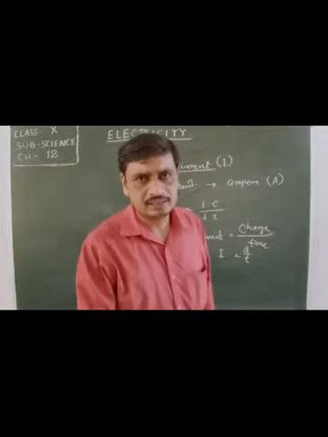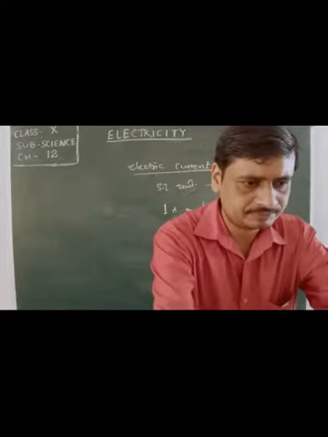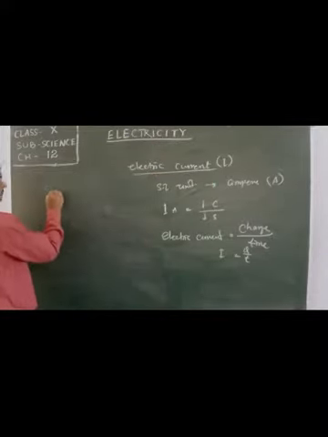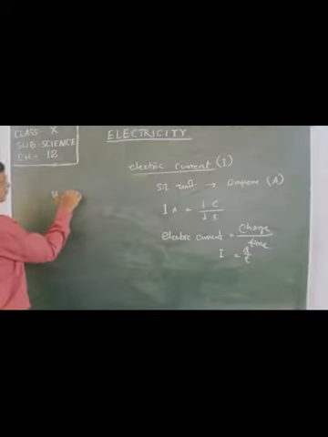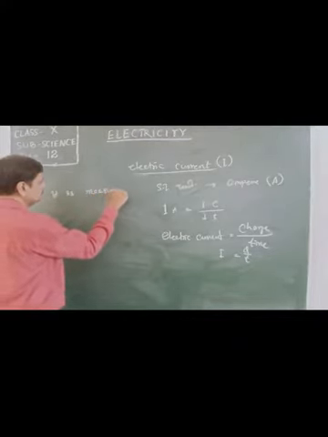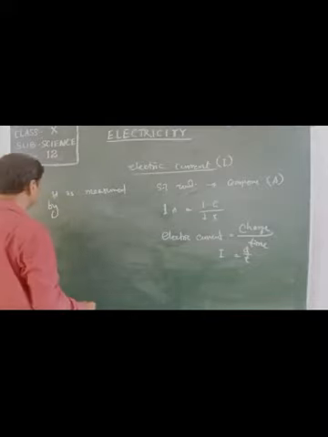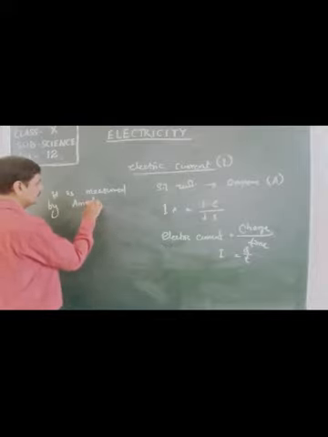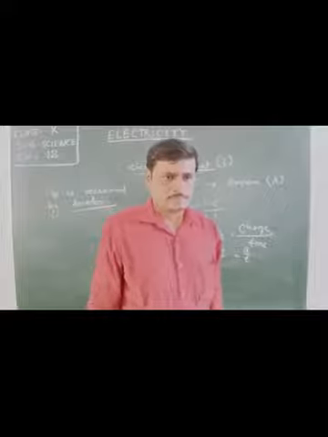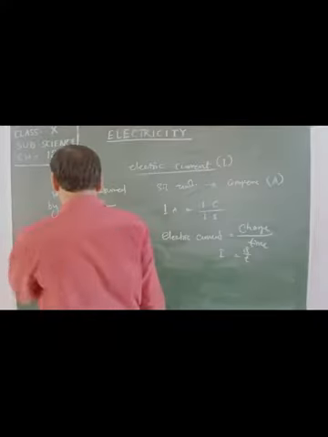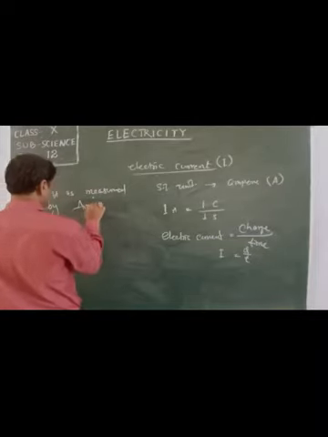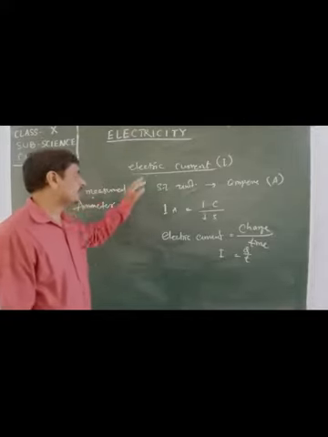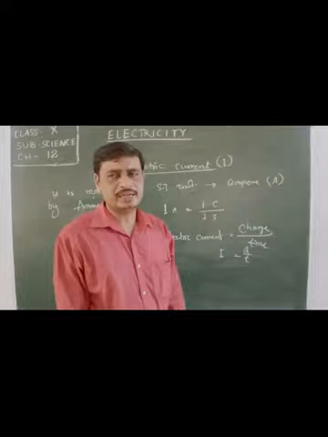This electric current is measured by an instrument called an ammeter. An ammeter is an instrument which measures the amount of electric current that passes through a conducting wire.